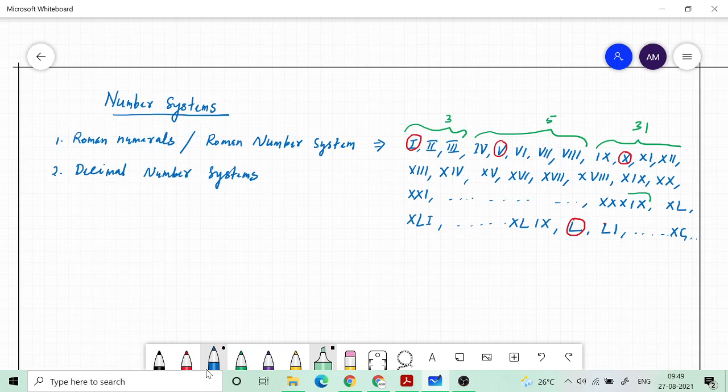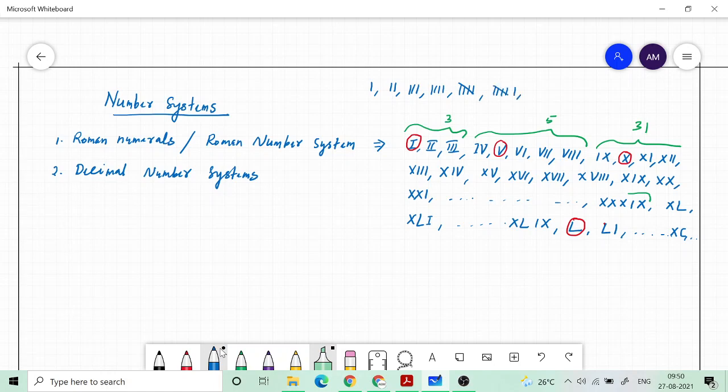Now, prior to the introduction of the Roman number system, you must have seen tallies. Even in the old caves, you have a tally number system, which basically uses a single symbol, and they will just represent 1 like this, 2 like this, 3 like this, 4 like this, and when you come to 5, you do like this, and then you have 5 and 1.